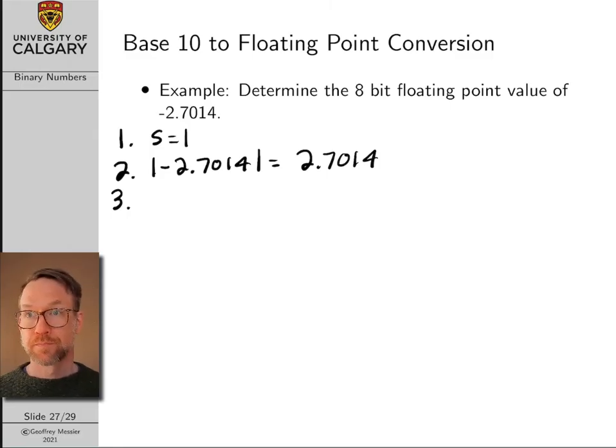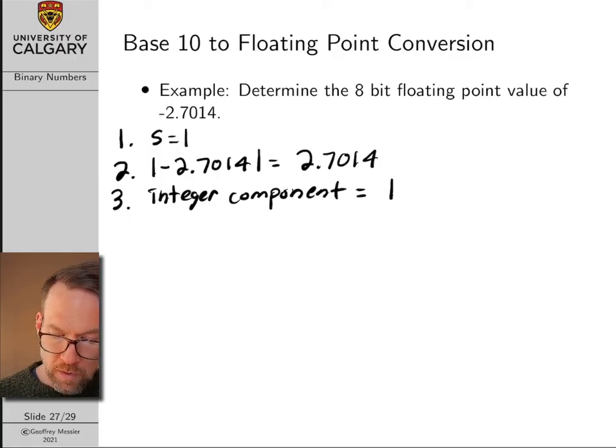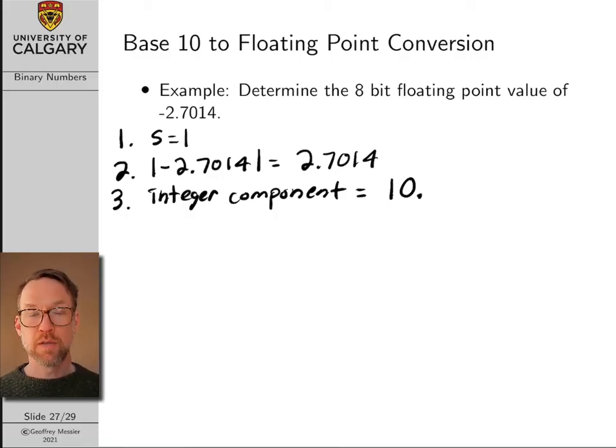Step 3 is where we represent the integer component of our number as a binary number. So the number 2 is represented as 10. So our integer component is equal to 10, and we put the binary point right after our integer component.